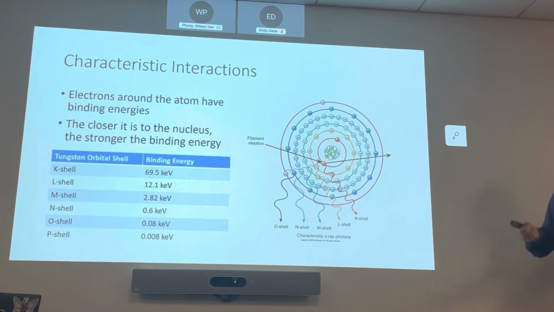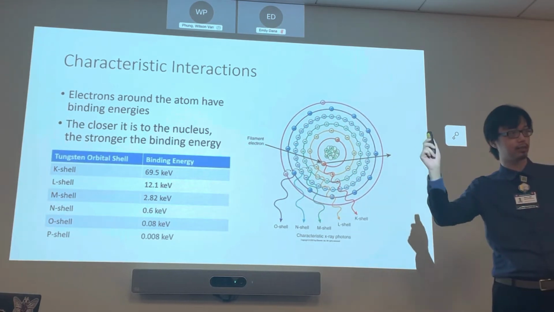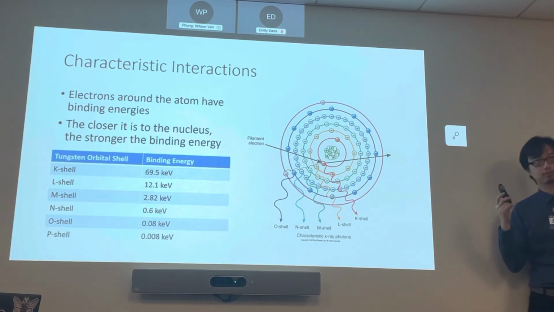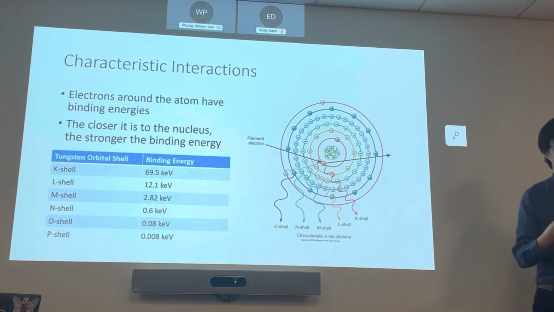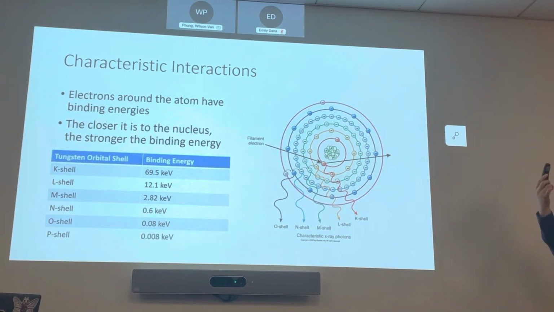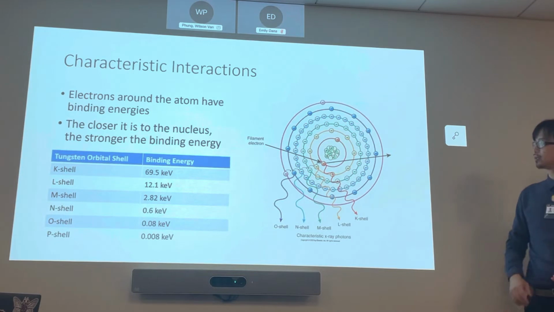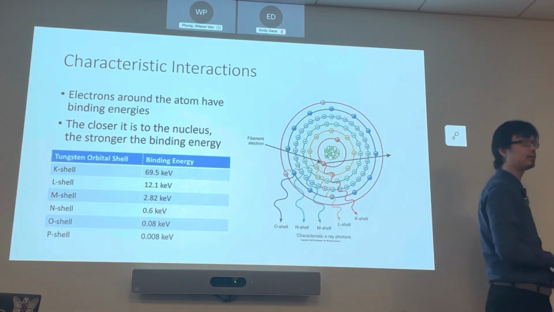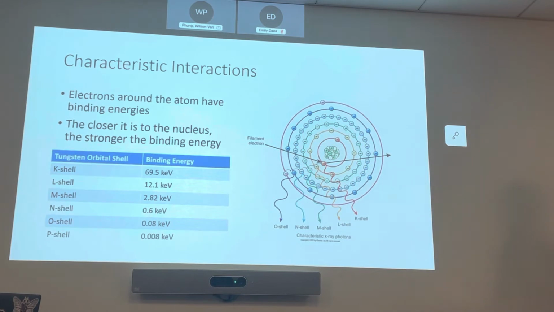The way I like to think of binding energy is in terms of money, because this idea of money will make things make a bit more sense later on. Binding energy is like money. This is how much money I would need to remove the electron, to kick someone out of their house.